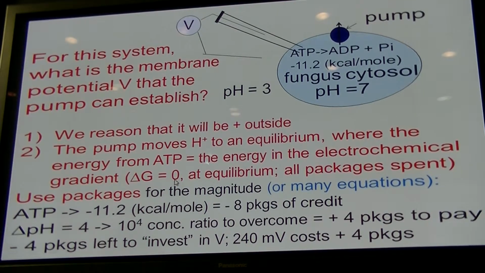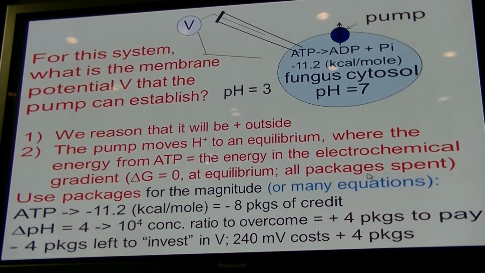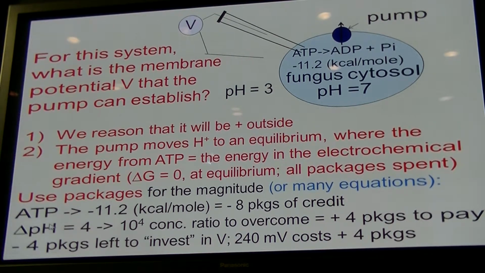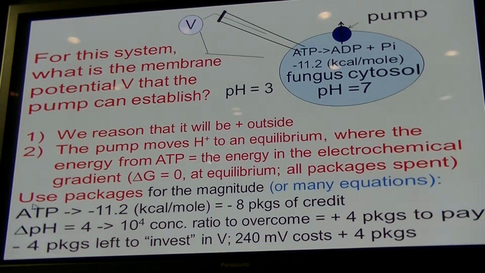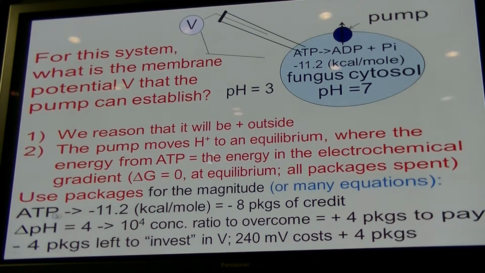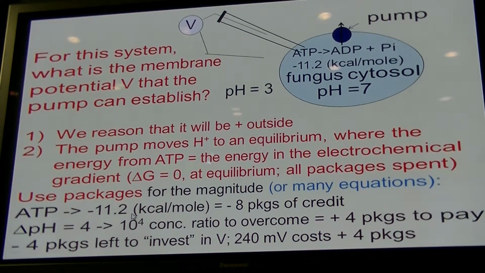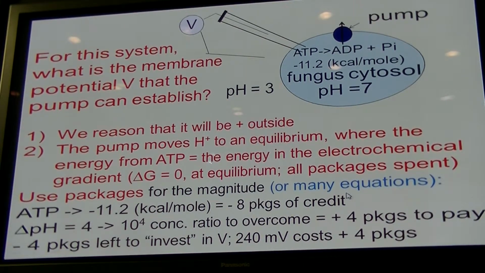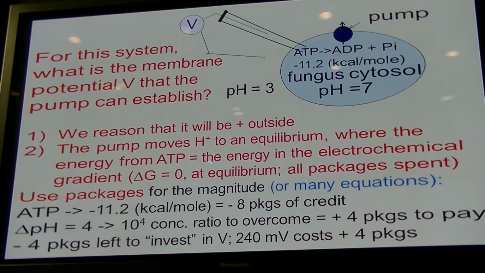So delta G is 0 at the equilibrium, all packages are then spent. I'm going to think in terms of packages, do this very quickly. So ATP, negative 11.2 kilocalories per mole, that's 8 packages of credit. I call it negative 8. Credit. Negative is good in this case.